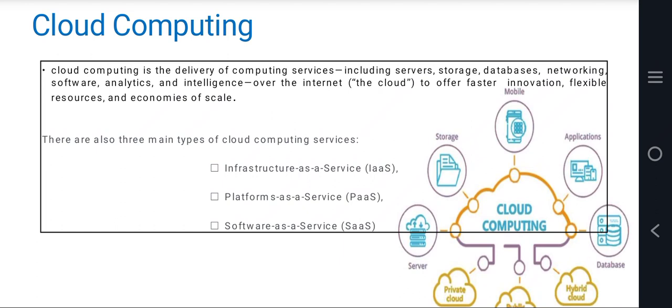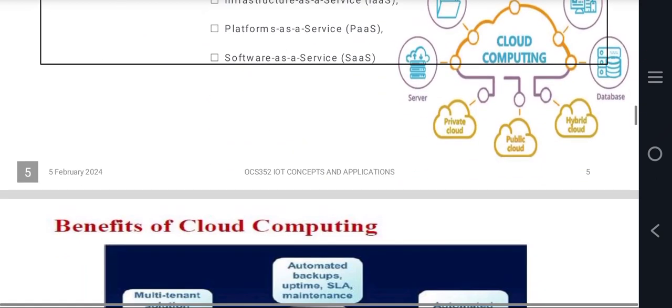Cloud computing consists of three main types. They are infrastructure as a service, which is represented by IaaS, platform as a service, PaaS, and software as a service.